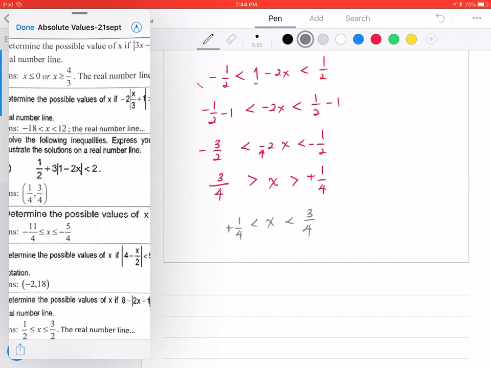This is where I got it wrong, but the value should be the same, 1 over 4. It's going from 1 over 4 to 3 over 4. So in interval notation, you write it as going from 1 over 4 to 3 over 4. You don't include them both. So that's the answer.